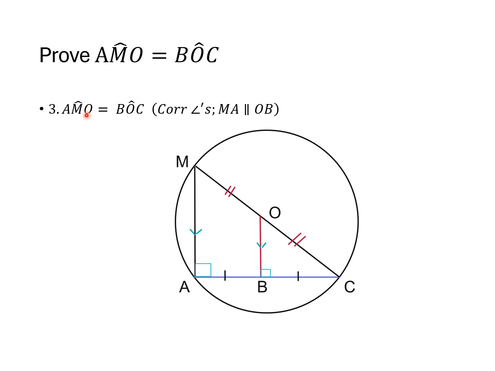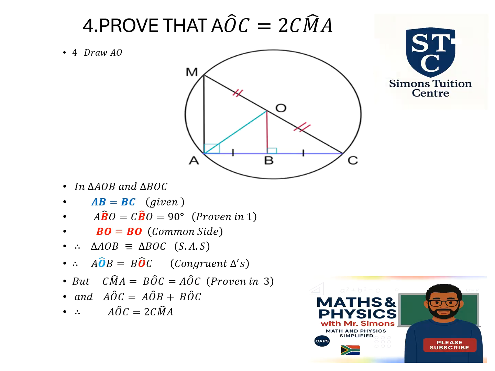So in short, AMO equal to BOC, they are corresponding angles, and my reason is MA is parallel to OB. Generally, if you draw on that parallel line and that one, and join them up, it forms the letter F. Let's go to the last problem.